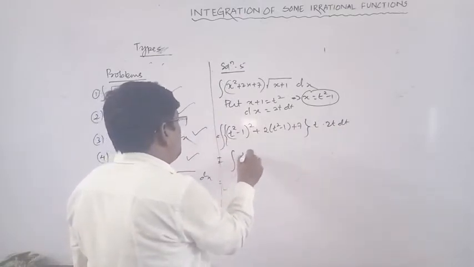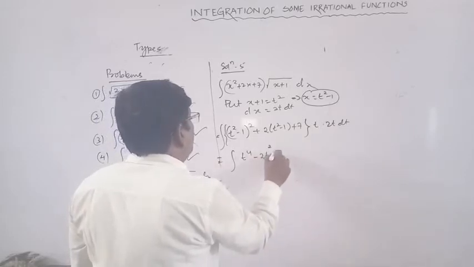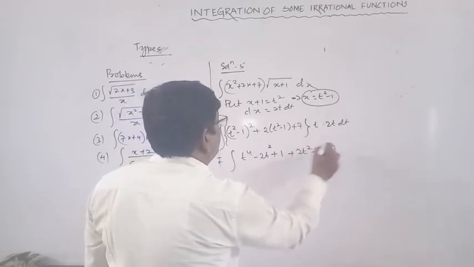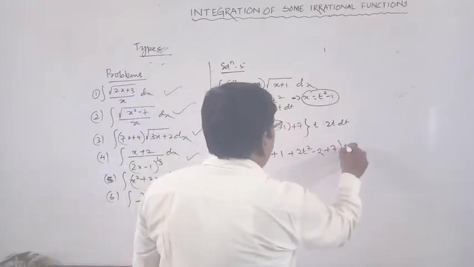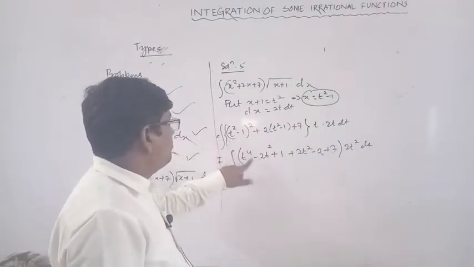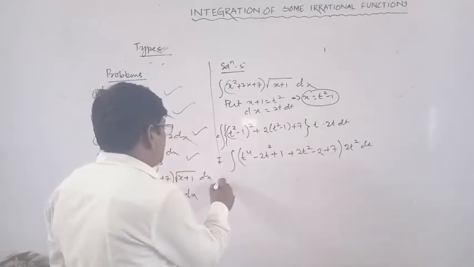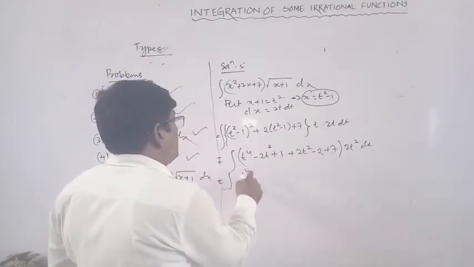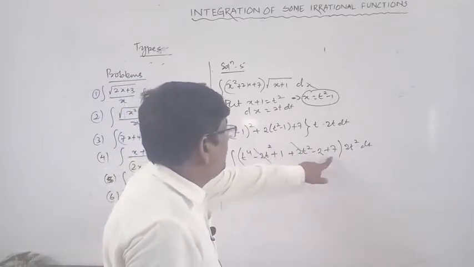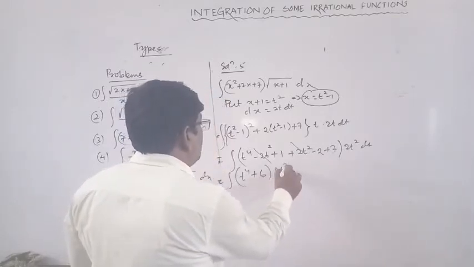This is equal to (t⁴ − 2t² + 1 + 2t² − 2 + 7) into 2t² dt. So t⁴ − 2t² + 1 + 2t² − 2 + 7; the t² terms cancel, and 7 + 1 is 8, 8 − 2 is 6, so (t⁴ + 6) into 2t² dt.